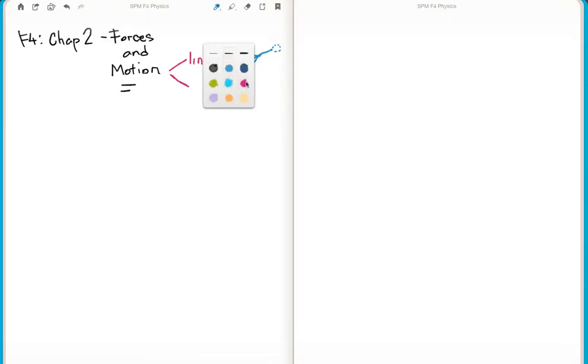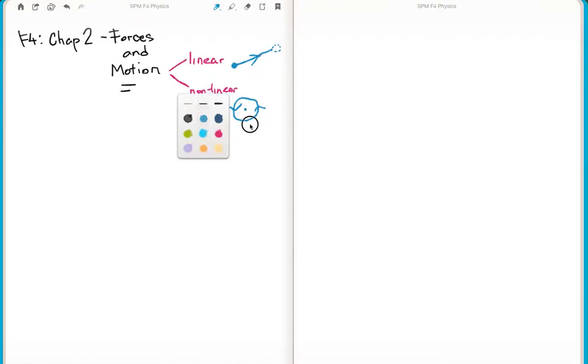Another type of motion we call non-linear, which means the object is traveling in a circular motion, going around the same center. In Physics Form 4, you will learn linear motion. Non-linear you don't really need to learn, but I will use it, for example, to differentiate between distance and displacement.